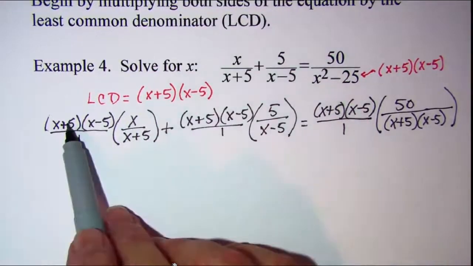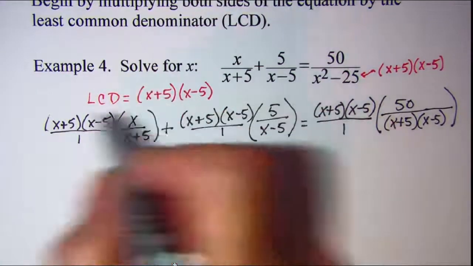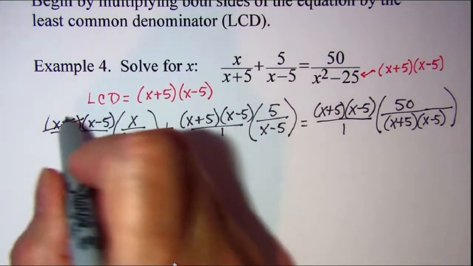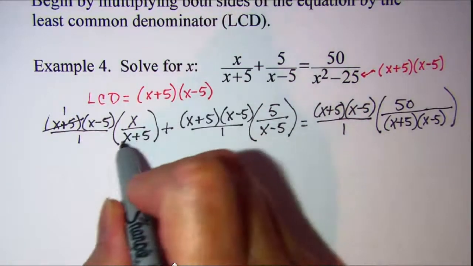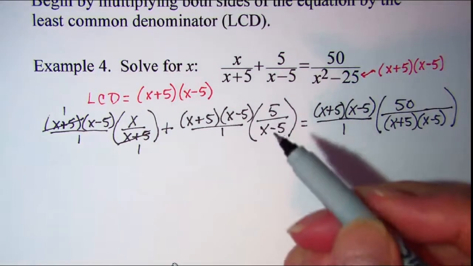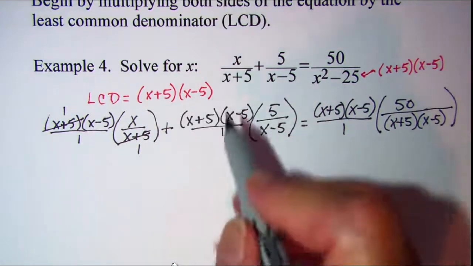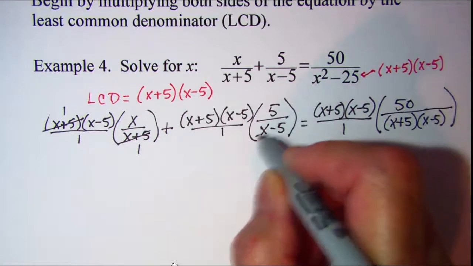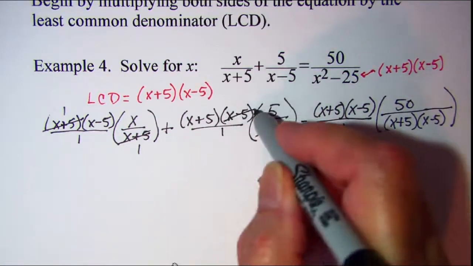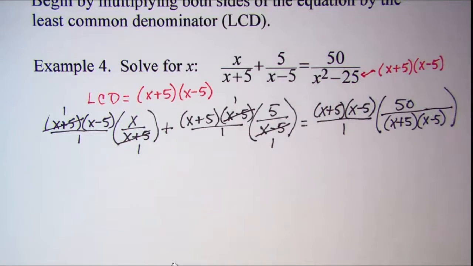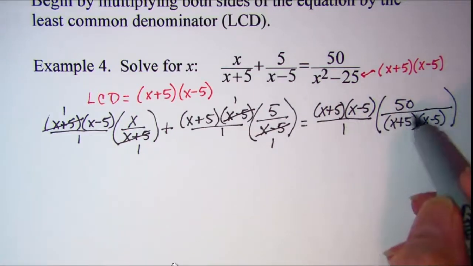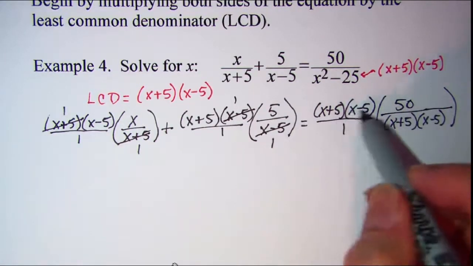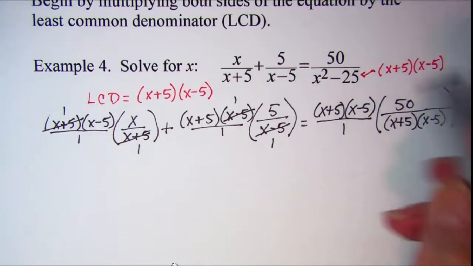Now my canceling is next. X plus 5 in the numerator and x plus 5 in the denominator gives me 1. On this one I have x minus 5 in the denominator, so that's going to cancel with the x minus 5 in the numerator. And on this side, both of these factors cancel with both of those.